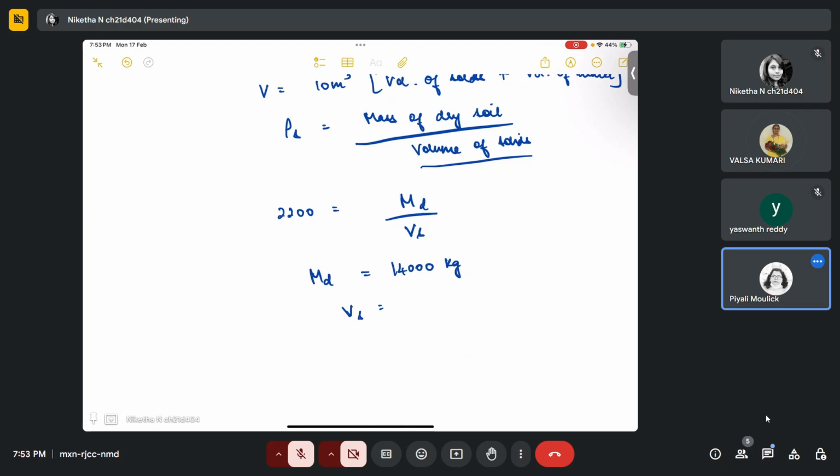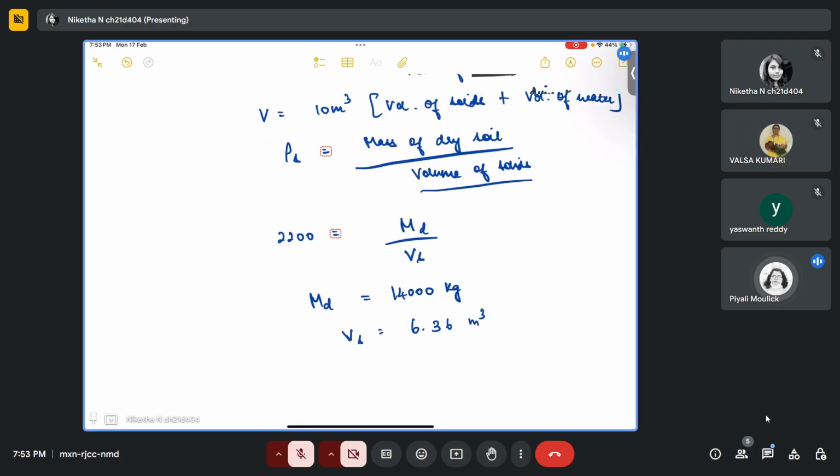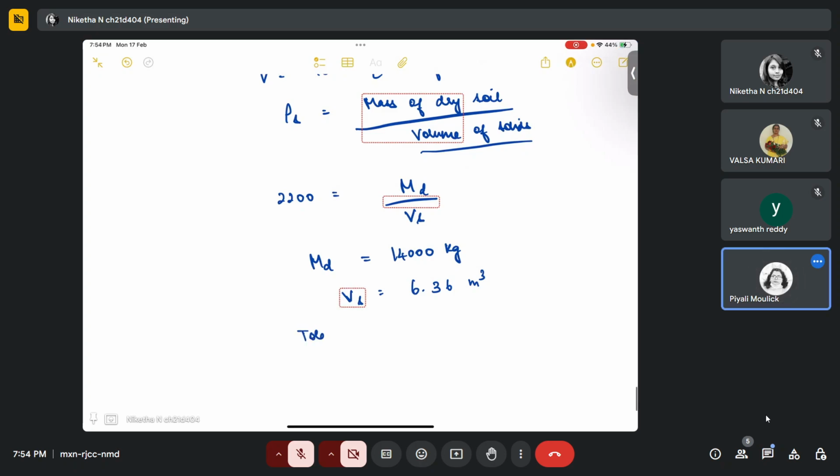It is 6.36 meter cube. So the total volume is 10.